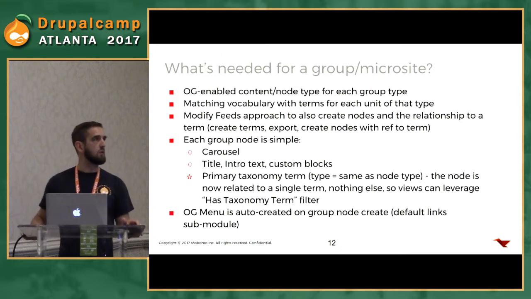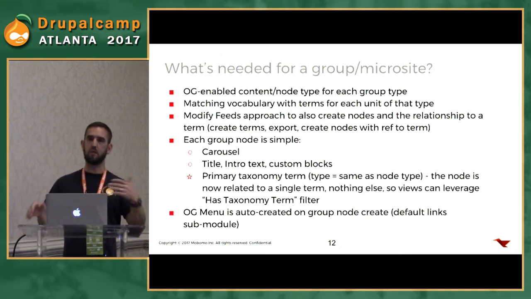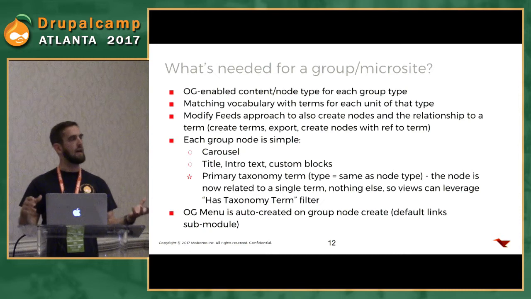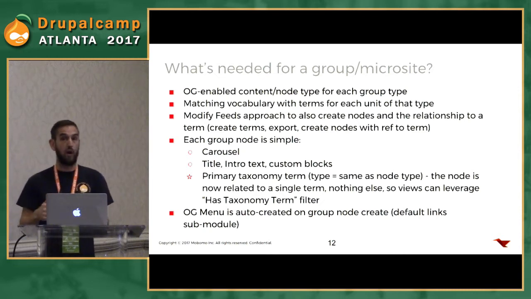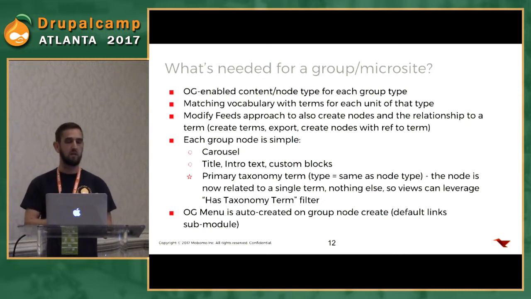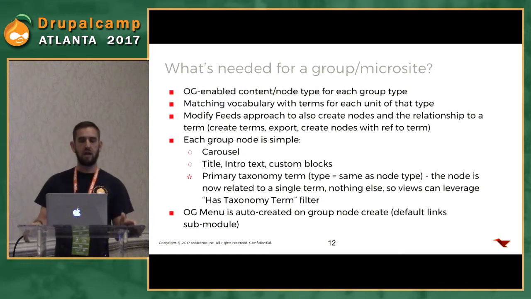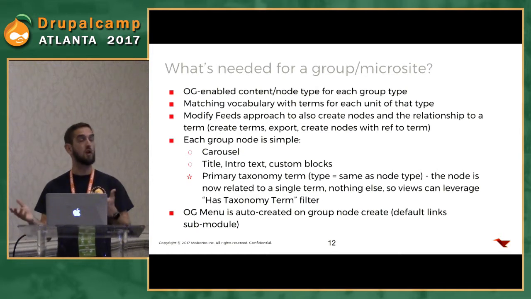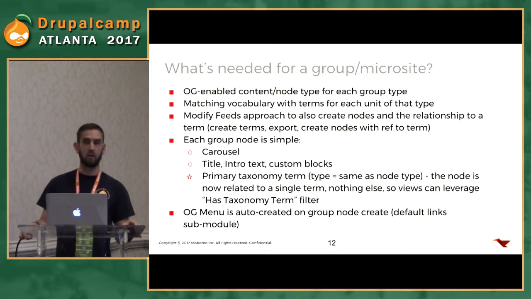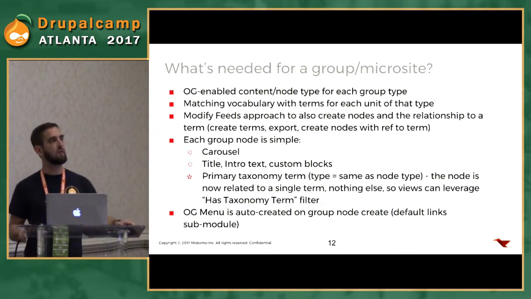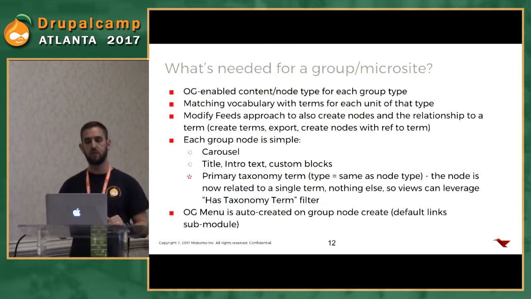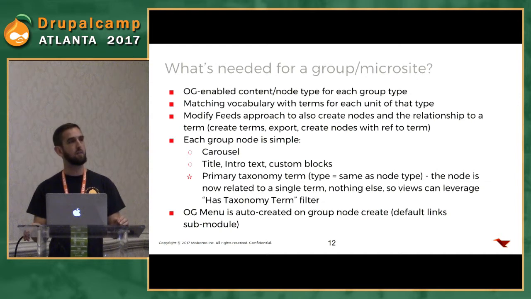All right, so this is backing up just a little bit. At a high level, what they needed for a home page was, now we have to have a node type, right? So we're going to use taxonomy terms as the group themselves, but now we're going to do an OG enabled group content type of a node called cost center or whatever. And then we have a matching vocabulary with terms for each unit.